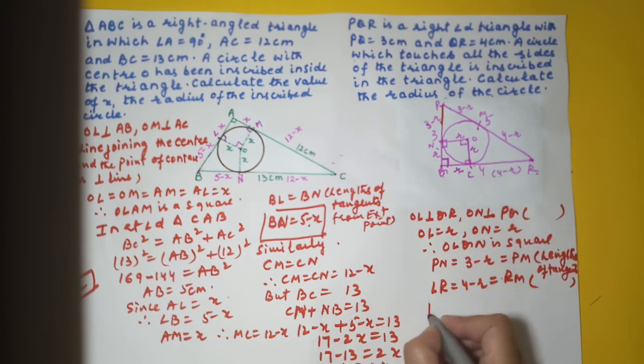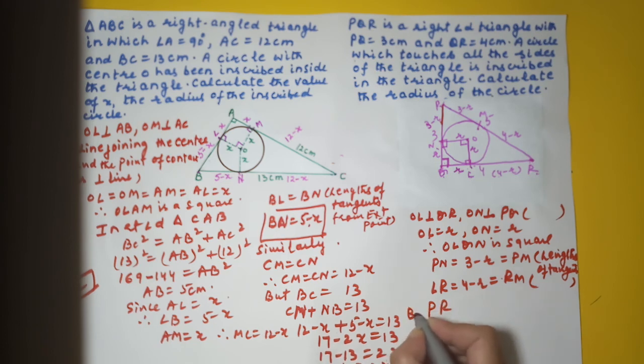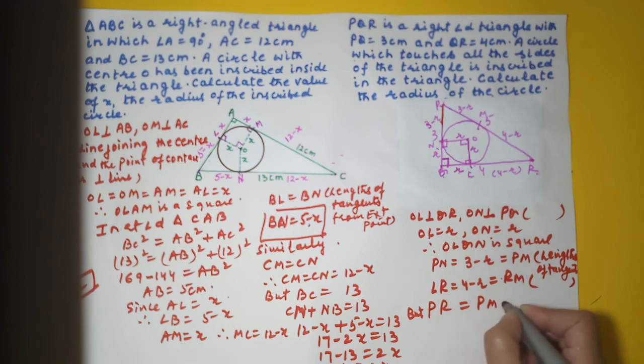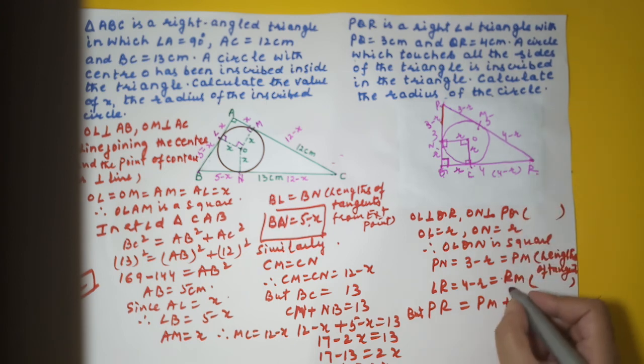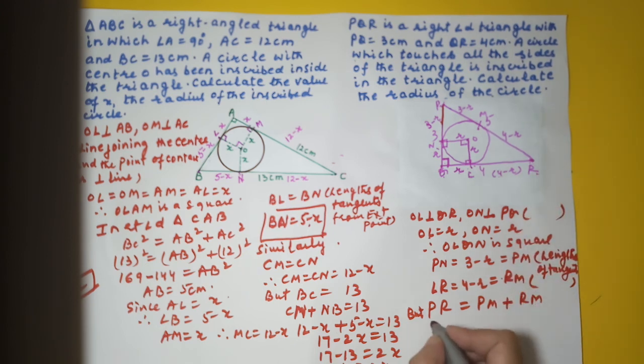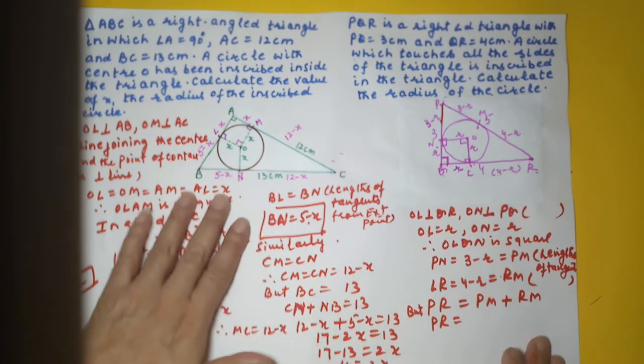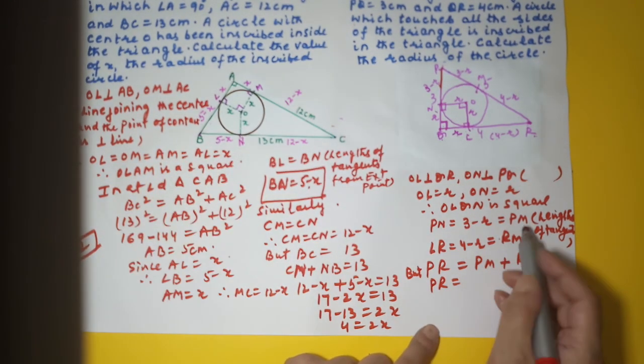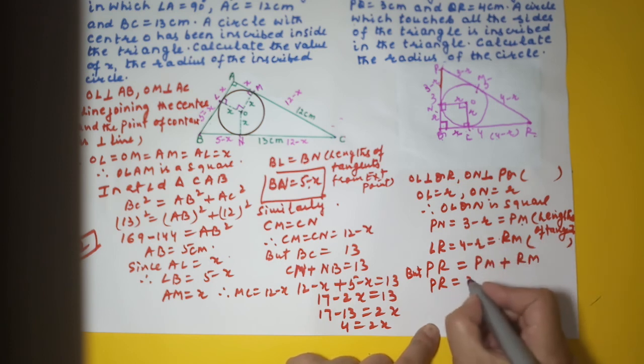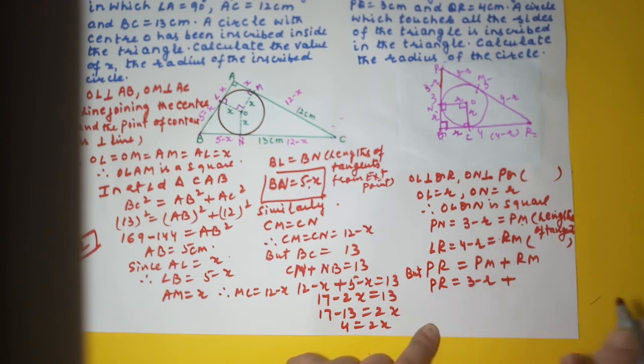Now, you can write PR. PR is equal to PM plus RM. So your PR is equal to, what is your PM? You have calculated that as 3 minus R. Plus, what is your RM?